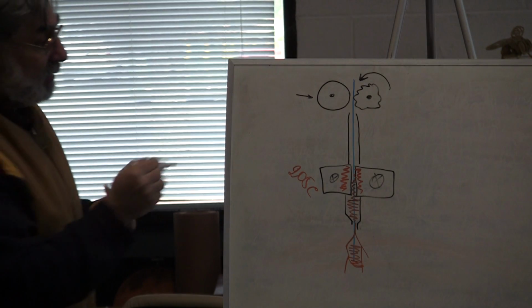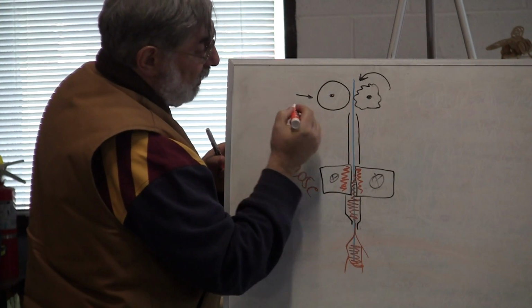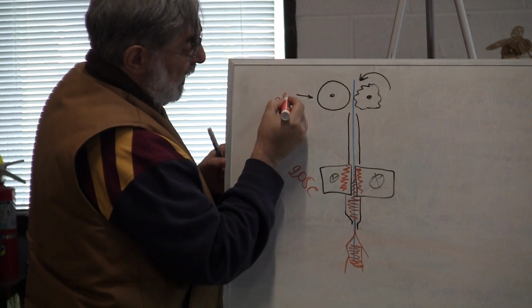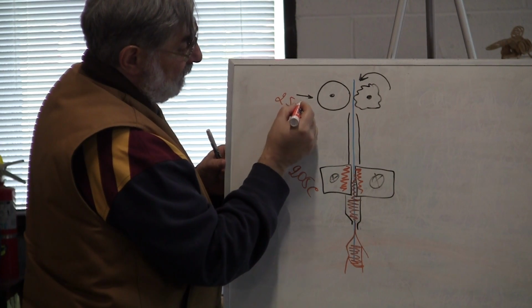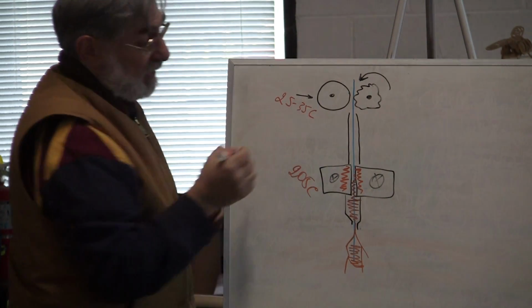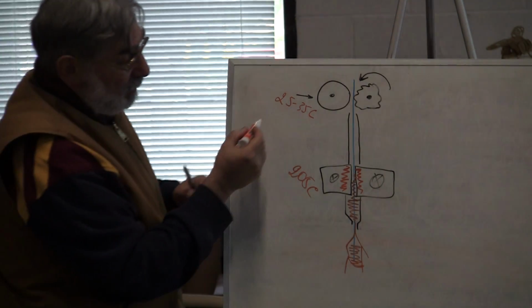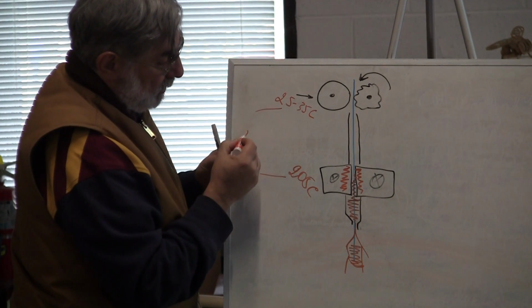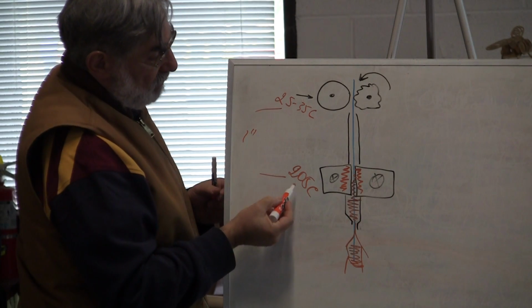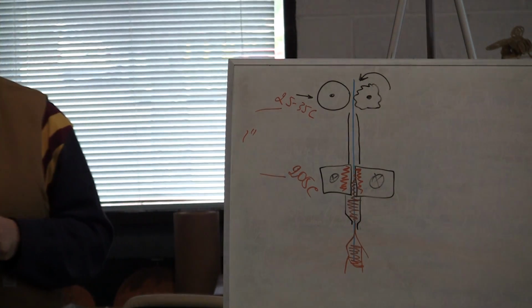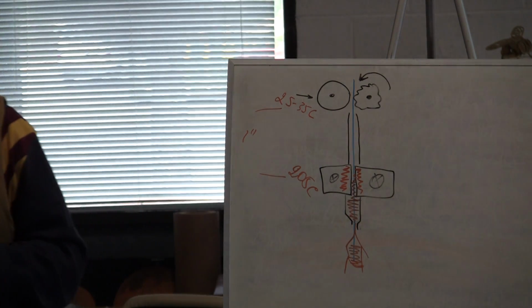Okay? So this part here had better be 25, 35C at the most. So in a span of about 1 inch, you need to drop the temperature 150, 175 degrees.